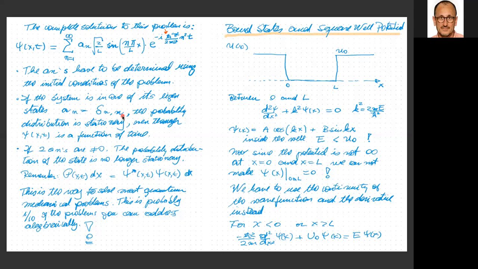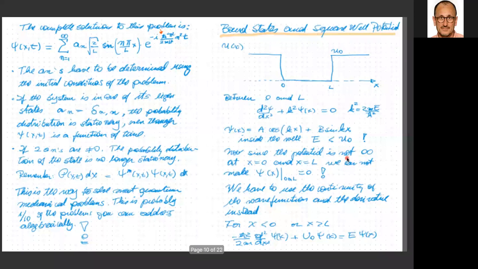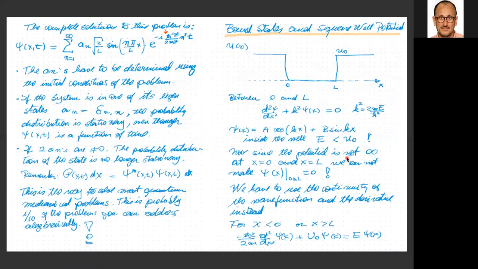So let me try my best to get through this. What I want to solve now is the problem of bound states in a square well potential. So instead of having something that goes to infinity, I have something that goes to a certain value U0. Okay, and you can imagine what will happen.